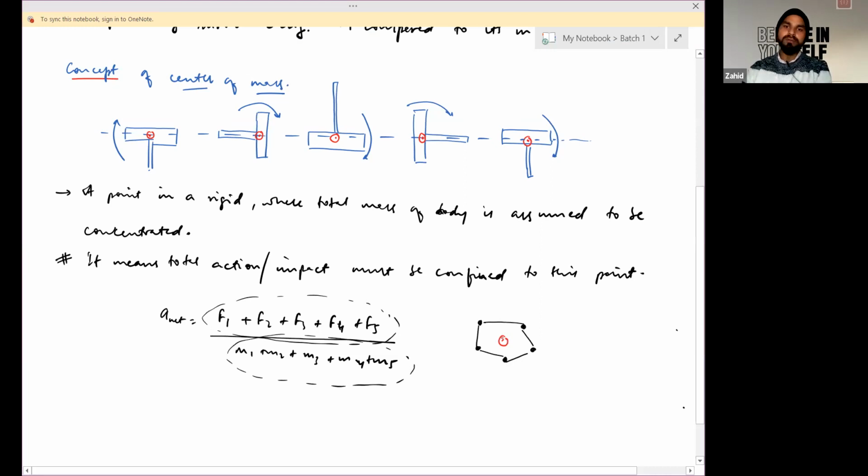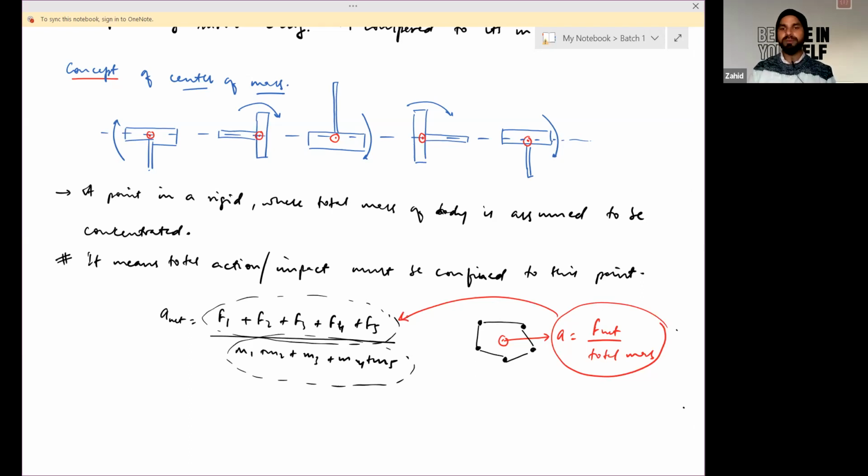If you apply the total force to this point and calculate acceleration as F net divided by total mass, it will be the same as this part. So which one is easier for calculation, the left one or the right one? Sir, the right one.